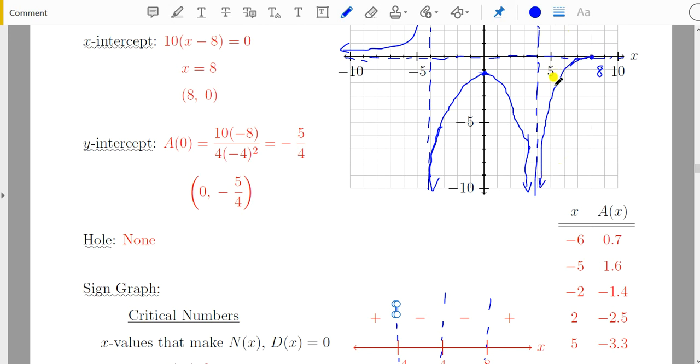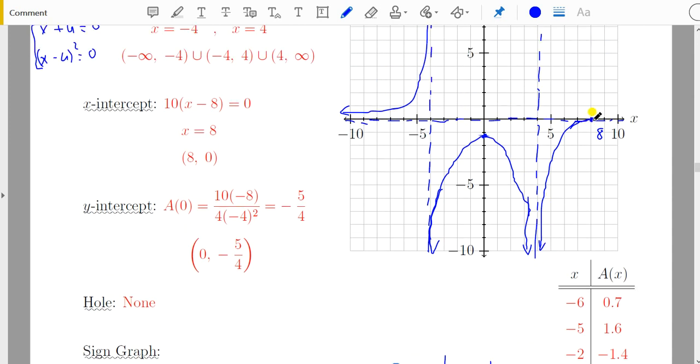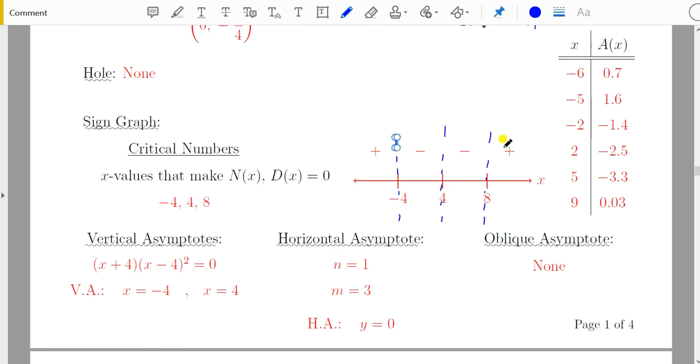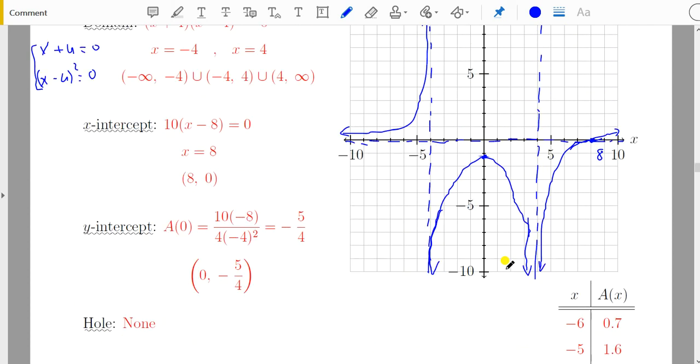Approaching the vertical asymptote and the horizontal asymptote, it crosses 8. After you hit the x-intercept 8, 0, to the right of 8 it must be positive. So from here and beyond, it's just going up because it's positive now. And that should be the graph of this function.